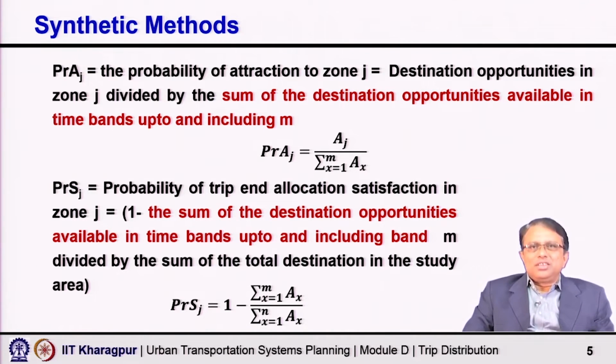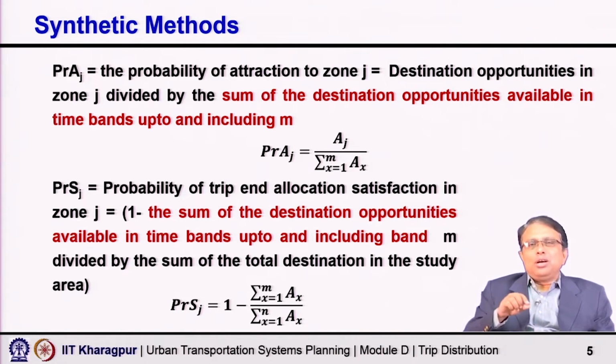We can say it is the destination opportunities in zone J divided by the sum of destination opportunities available in the time band up to and including M. Here we suddenly say M, because we are considering there are M number of zones up to zone J. What we are talking about is something like what I said earlier, V and dV; think in a similar manner.